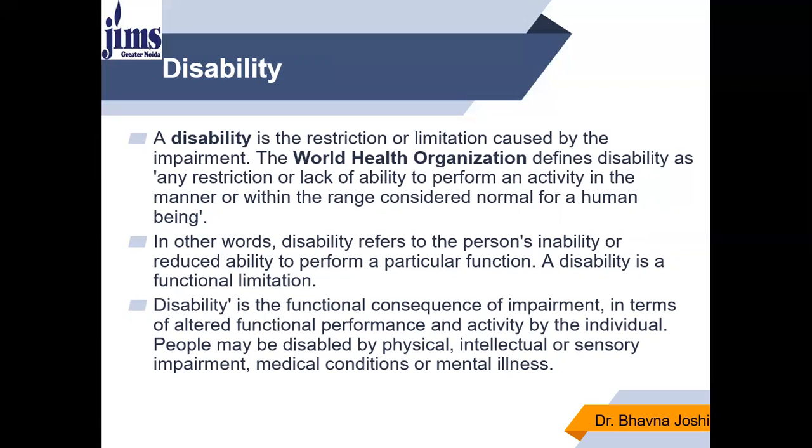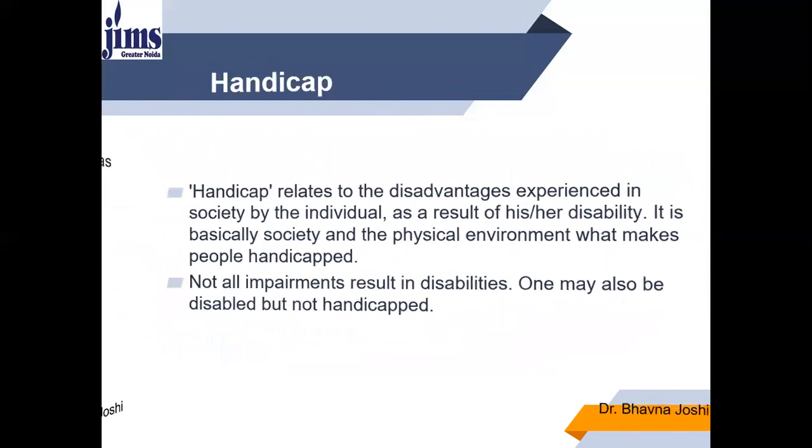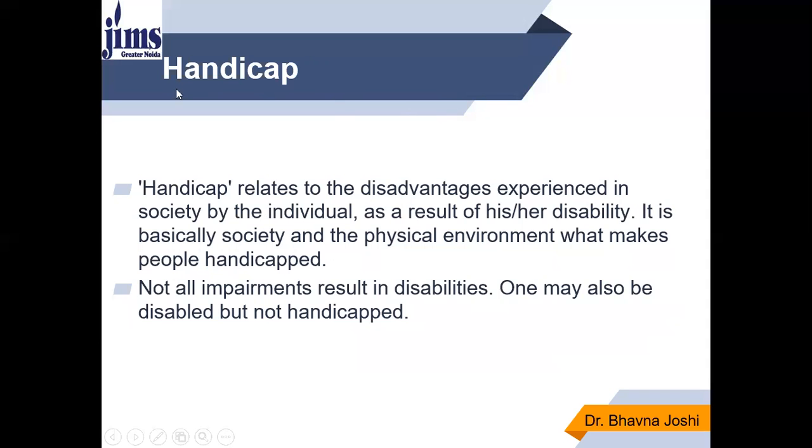Now, we studied impairment and disability. Now, what is handicap? This is also a word we use in our daily life, but handicap is not something we refer to as impairment or disability. Handicap relates to the disadvantages experienced in society by the individual as a result of his or her disability.